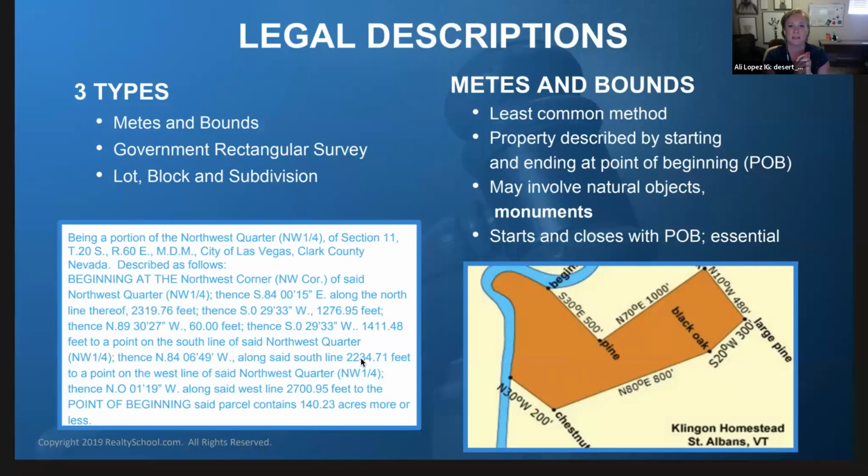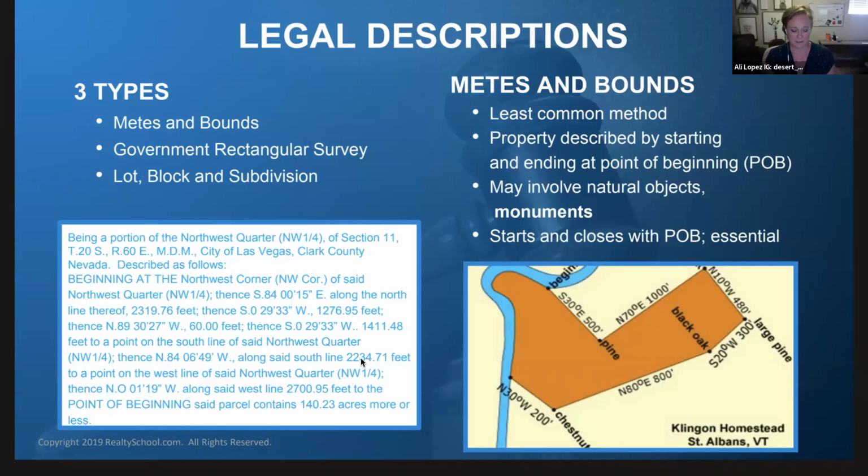Metes and bounds is probably going to be seen more in the Boston area, more East Coast. It is literally a legal description from a starting point, a point of beginning: 15 paces west, 27 paces north, east 75 paces, south 120 paces, and then west 20 paces.